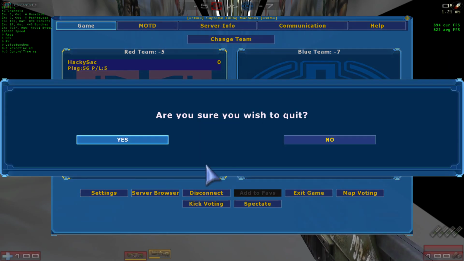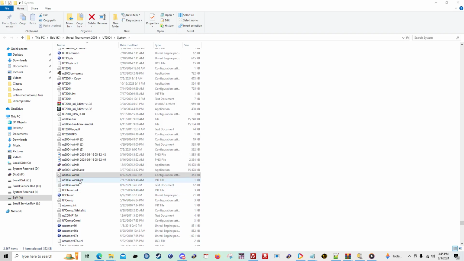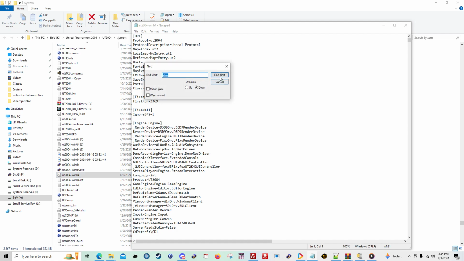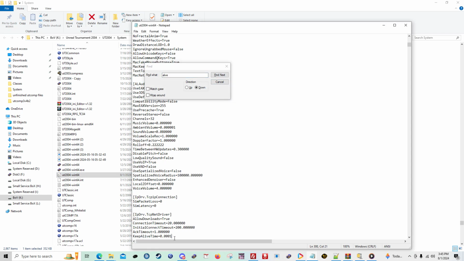Now watch what happens when I go and increase my keep alive time. So right here, I have it at 0.0001. Now I'll change it to 0.01.